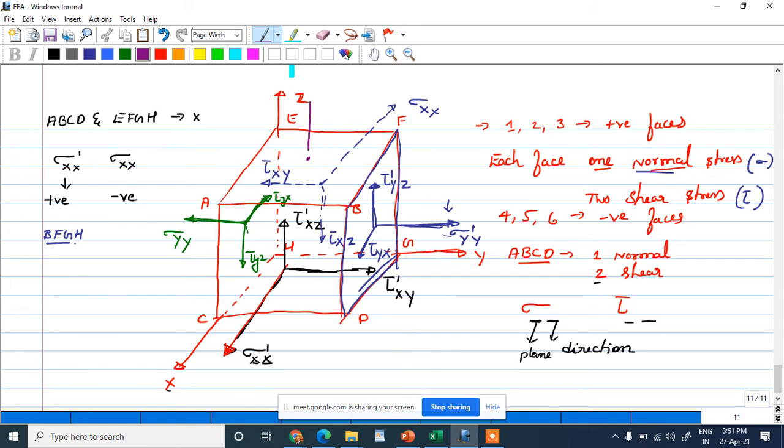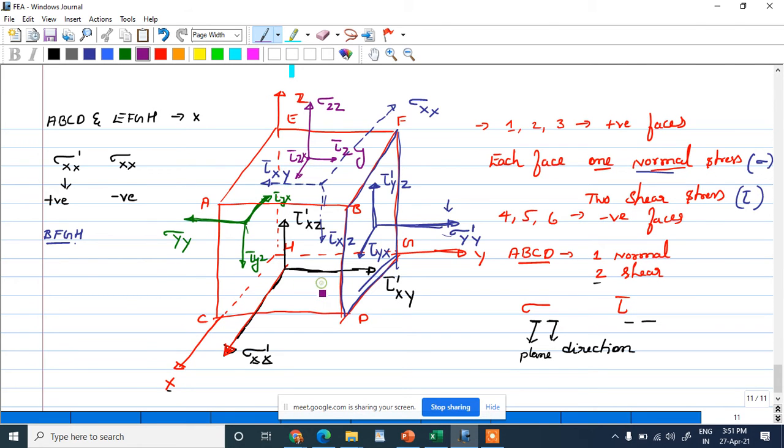I will be having normal and one in x direction and one in y direction. So this particular will be sigma zz, and this one will be tau, the plane is z and the direction is y. Similarly here, tau, face is z and the direction is x.